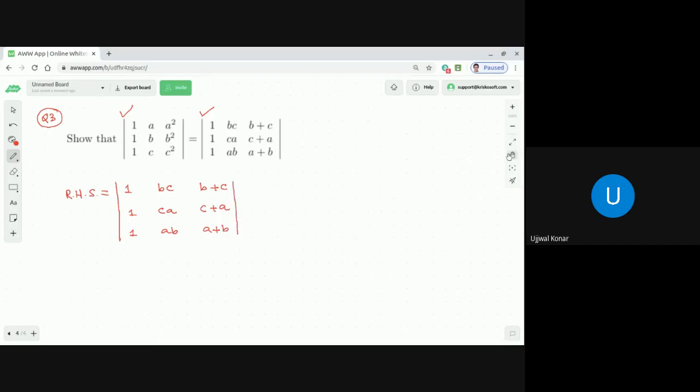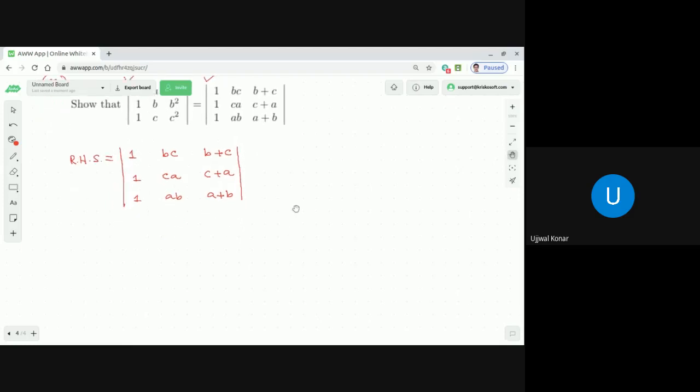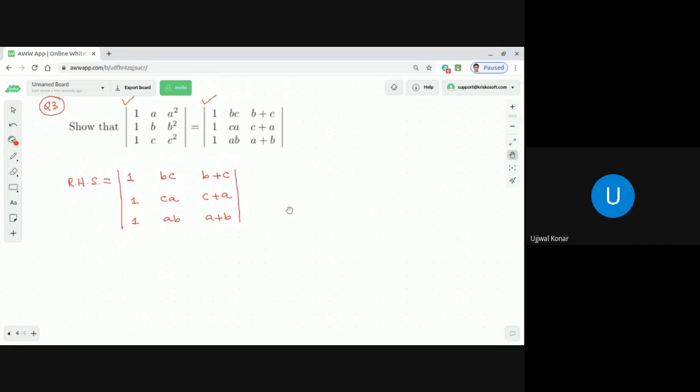But what I'm going to do, dear students, is that as I see in the left hand side, I have 1 1 1. Your target is to bring it to the left hand side determinant. So 1 1 1 is there, so that is good. A B C is there, A square B square C square is there. How to bring this one? One thing that comes to my mind is to make the third column in a little different manner.